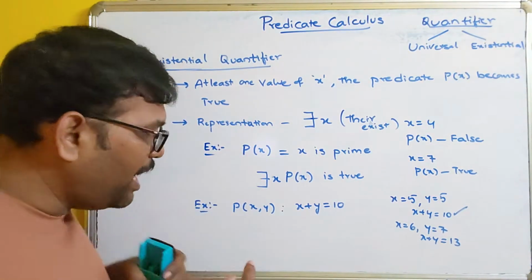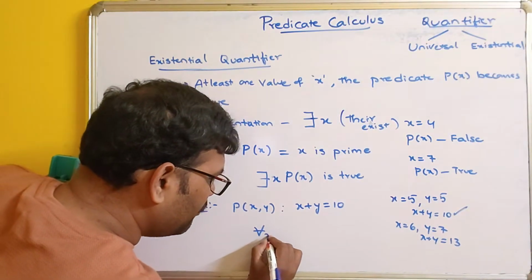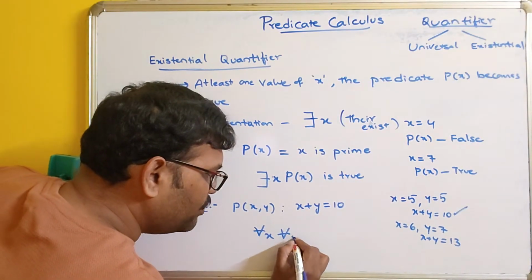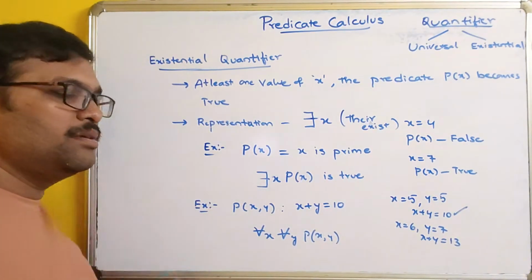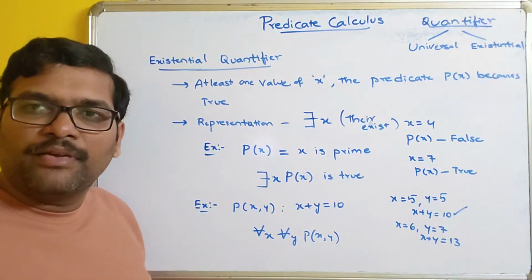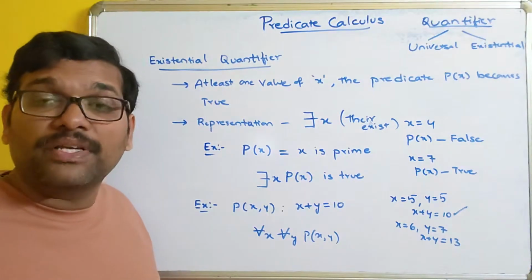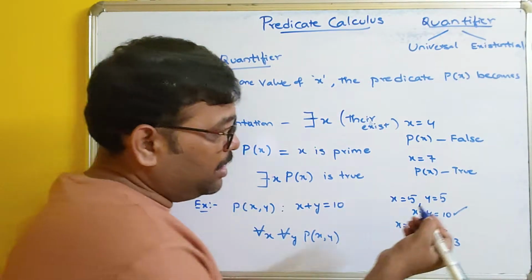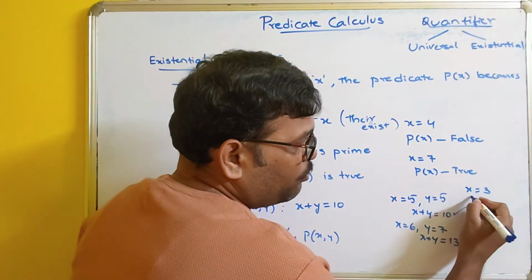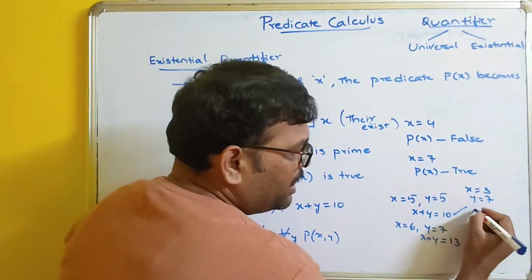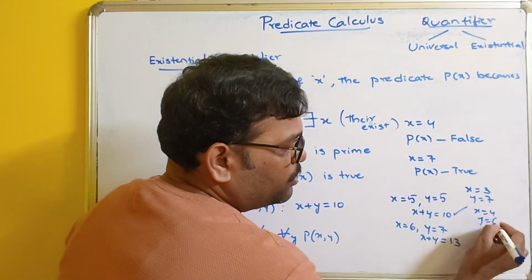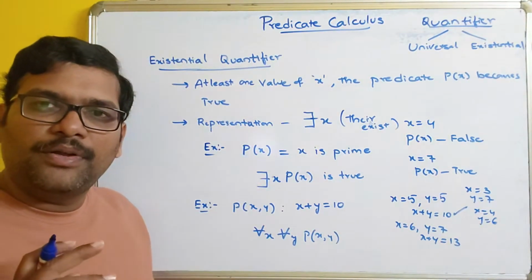So for some values of x and for some values of y, the predicate P of x comma y becomes true. For some values, not for all the values. That means if x is equal to 3, y becomes 7, then the predicate is true. If x is equal to 4, y is equal to 6, the predicate is true.